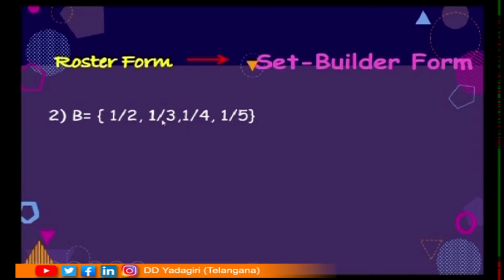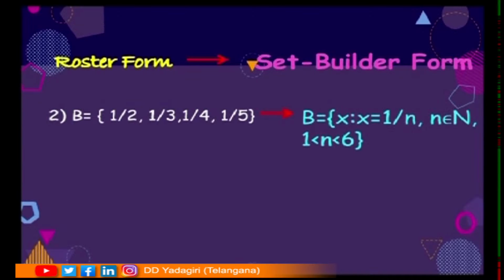The denominators are 2, 3, 4 and 5. So, our set builder form of this set would be the set of all x such that x is equal to 1 by n, where n belongs to the natural number set and n is greater than 1 but less than 6.